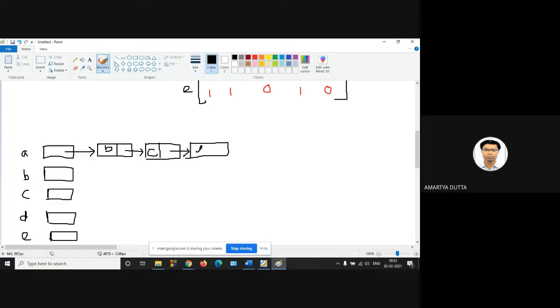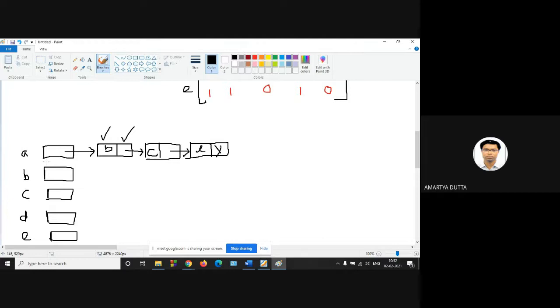It is not fixed. So this is your data part and this is your pointer part, right? You may write it also B, E, C, or C, B, E, or E, B, C, or E, C, B.